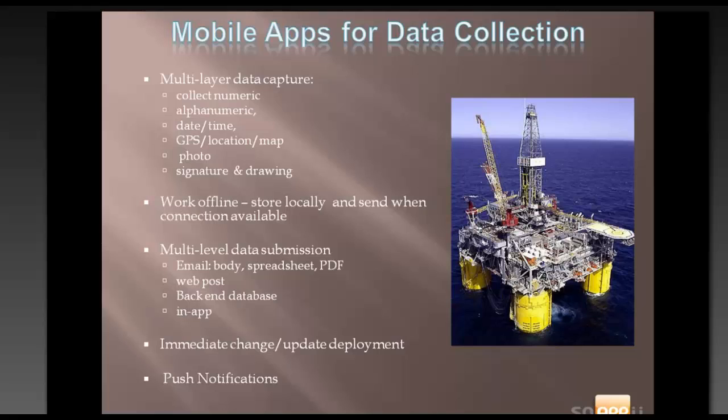So when you're building mobile data collection apps, you can't take for granted that there is internet connectivity available. It's really important to be able to store data locally on the device and then have the ability to forward that data to websites, databases, applications, or simply email when internet connectivity becomes available to you. So the Snappi platform provides the capability for you to do just that.